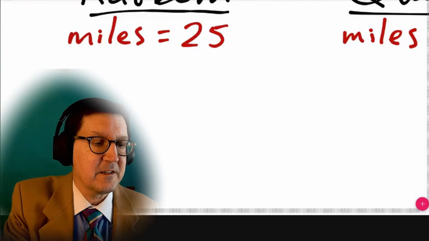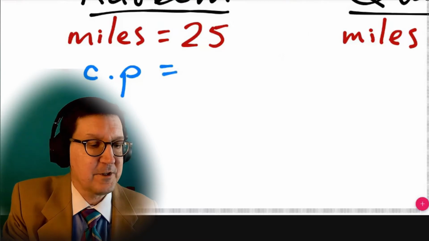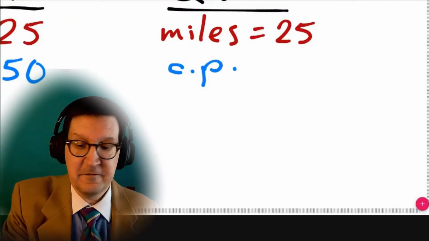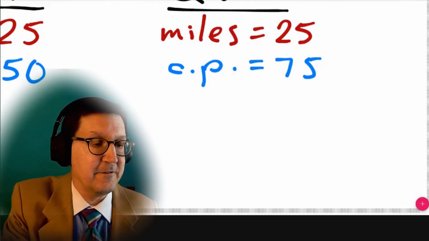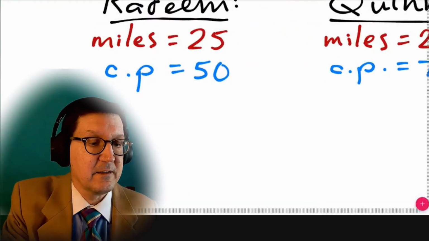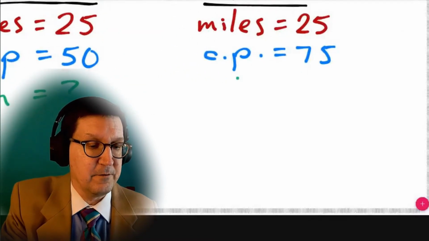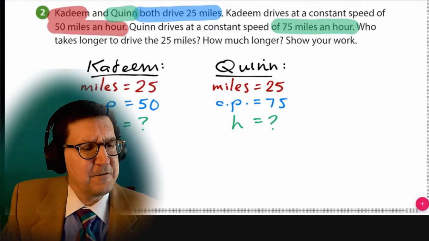Now, the constant of proportionality, call it CP, is 50 for Kadeem, because he was driving 50 miles per hour. And the constant of proportionality for Quinn is 75, because he's going 75 miles per hour. So the question is, how many hours for both? So let's figure this out.